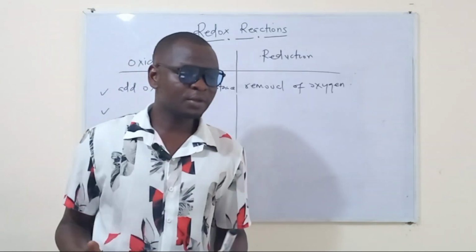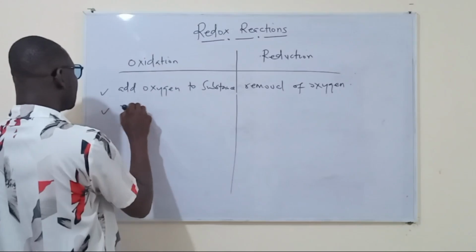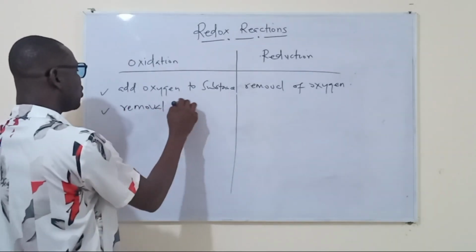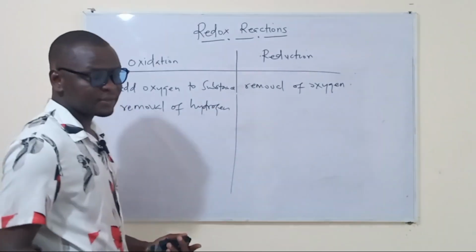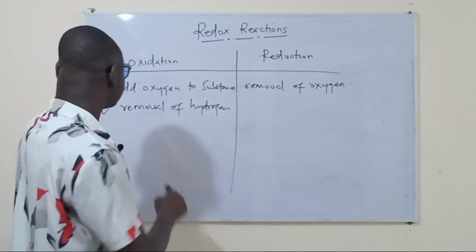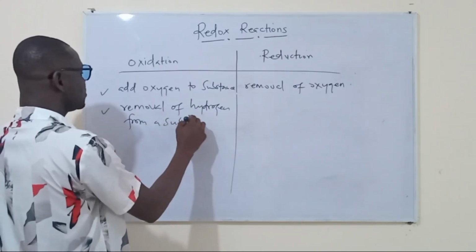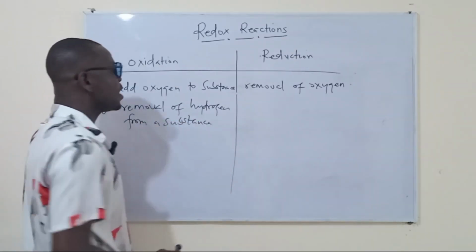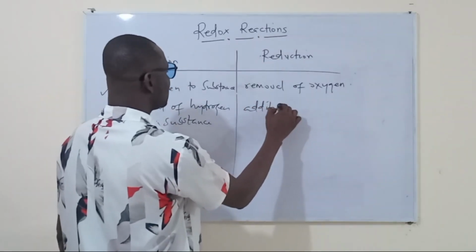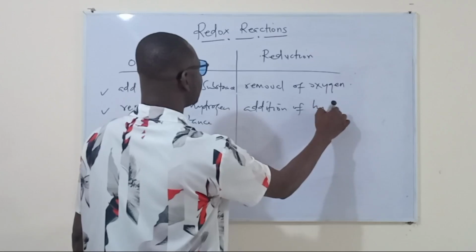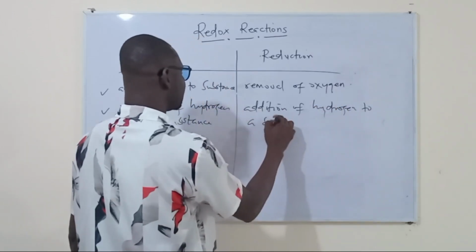Oxidation can also be defined as the removal of hydrogen from a substance, whilst reduction is the addition of hydrogen to a substance.